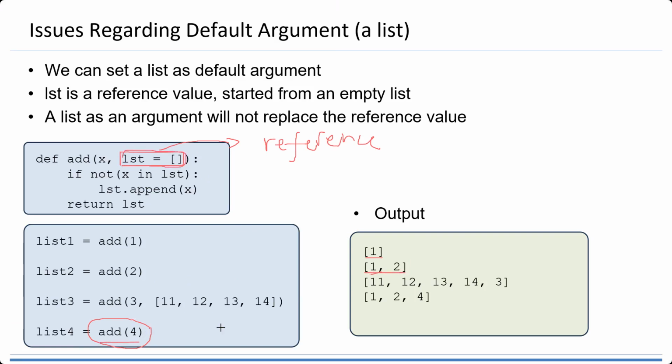Then, if we do not know what the list of the next parameter is, then we will use lst as the reference. Then lst will be updated. Originally, it is 1 and 2. Now it becomes 1, 2, and 4. So adding 4 will be adding into lst, which is the reference.